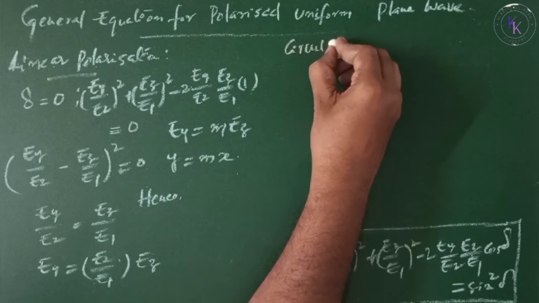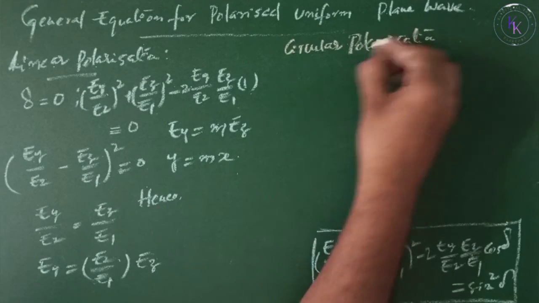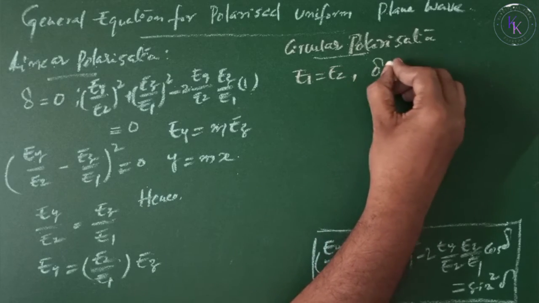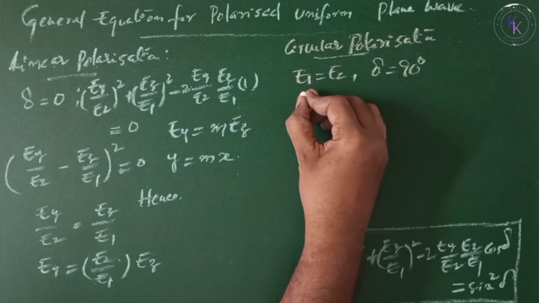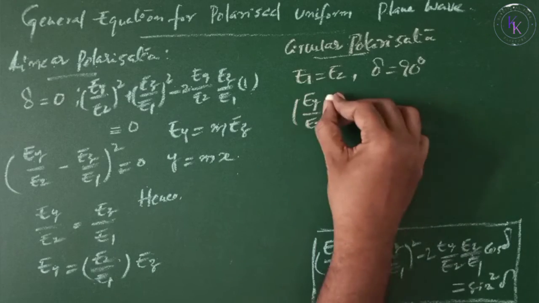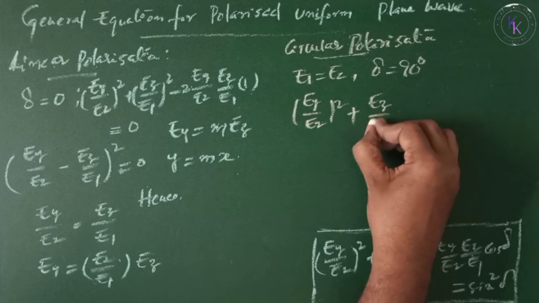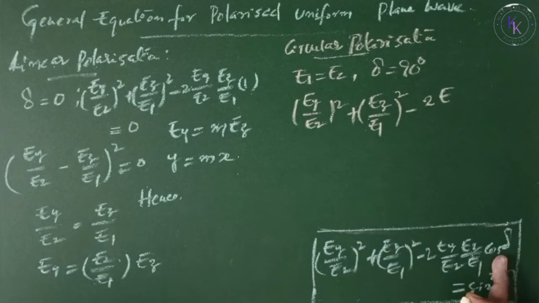Hence, circular polarization. The conditions are that E1 must be equal to E2 and delta equals 90 degrees. Substitute this in the general equation, you are going to get (Ey by E2) whole square plus (Ez by E1) whole square minus cos 90 equals sin square 90.